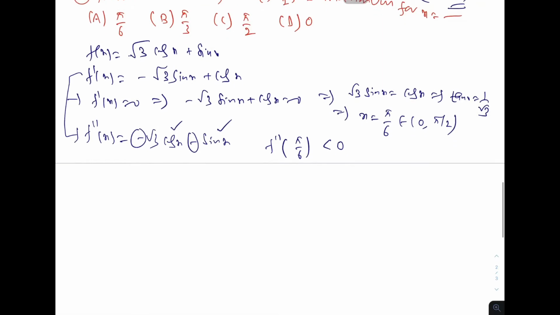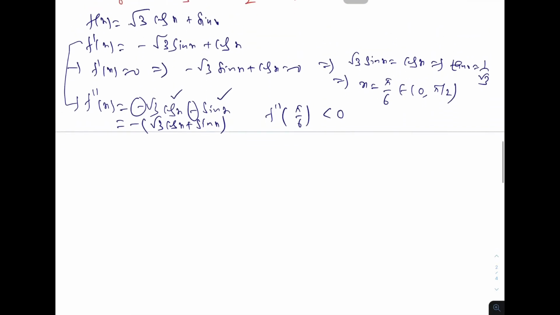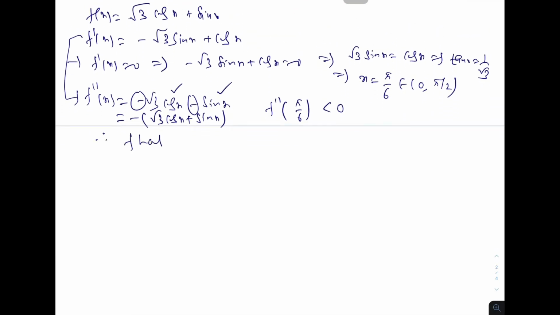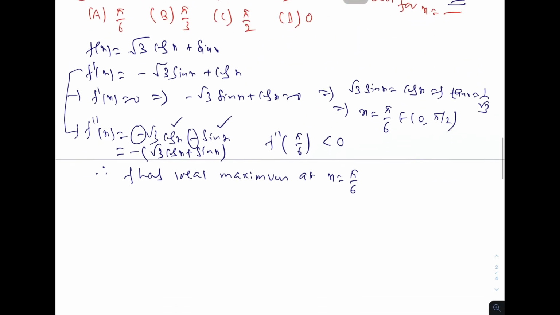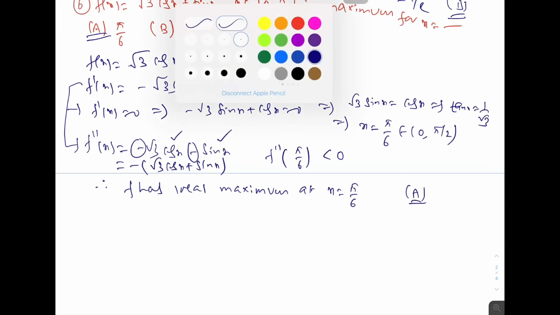Okay, so it is like this, minus of root 3 cosine x plus sin x, and therefore f has local maximum at x equal to pi by 6. So the answer is pi by 6. Okay, so now we take the next example.